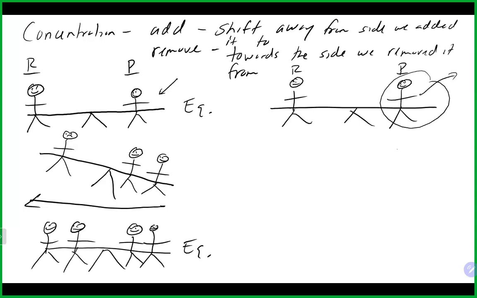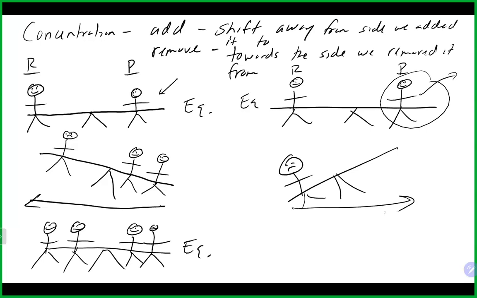So when he hops off, we're going to get this situation, right, that occurs. Not so good. Now to fix this equilibrium, we need more people on the left or right. Yeah, we got to go towards the place where we removed it, right? And put some more people over here, and we will come back to equilibrium in this case.